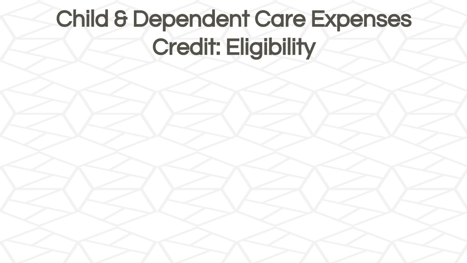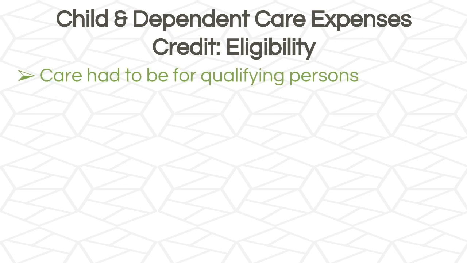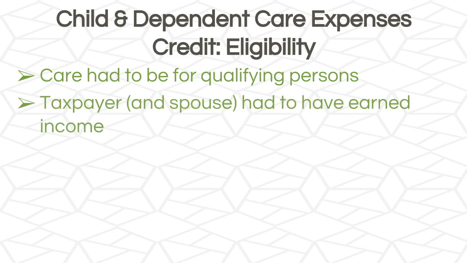So let's discuss a few eligibility requirements. The care has to have been for a qualifying person, which we just mentioned before. So the taxpayer and spouse have to have earned income, and there are some exceptions to this.